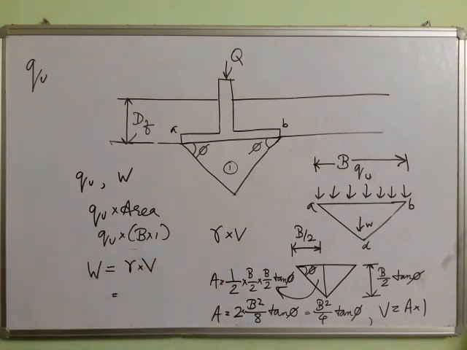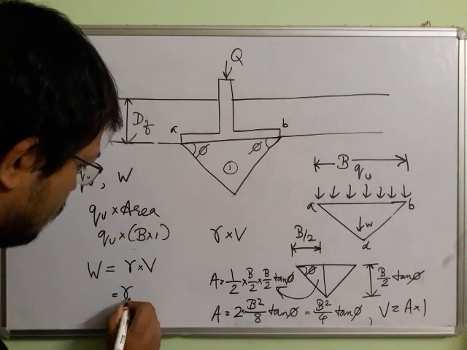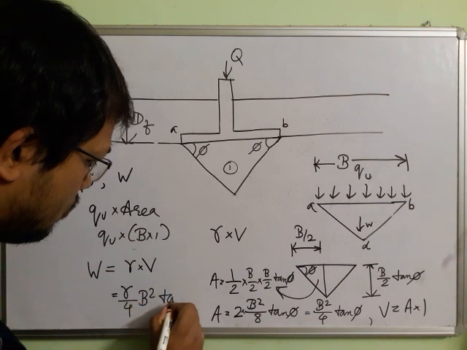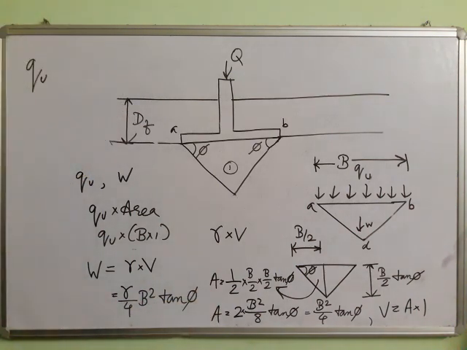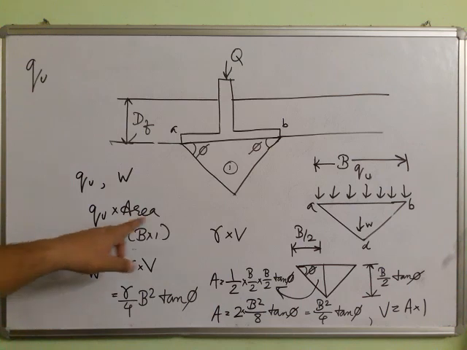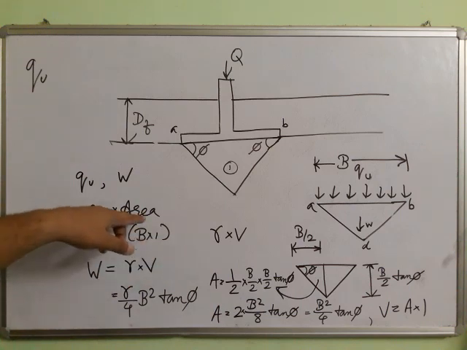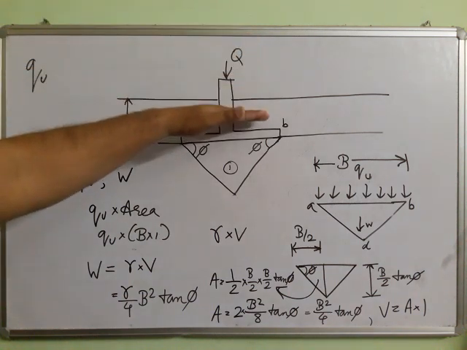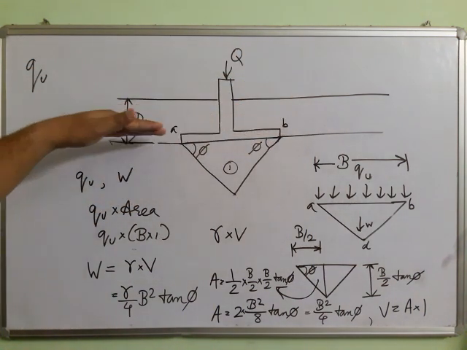So volume we have got, then the weight will be gamma into volume. This is the formula for the weight, and this is the formula for the total load which is falling onto the soil surface.